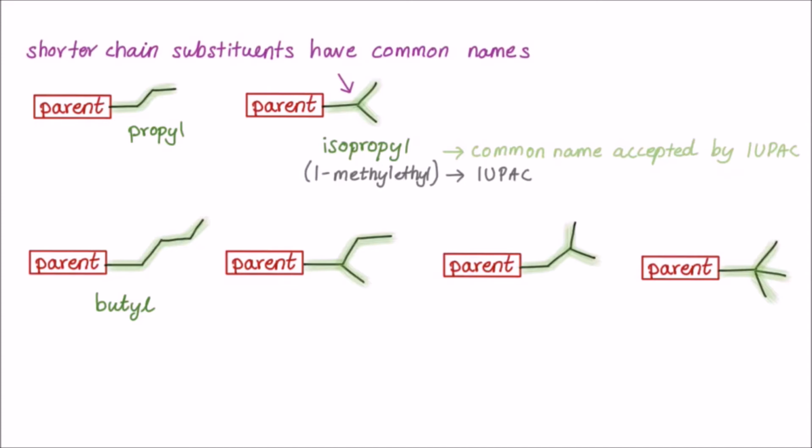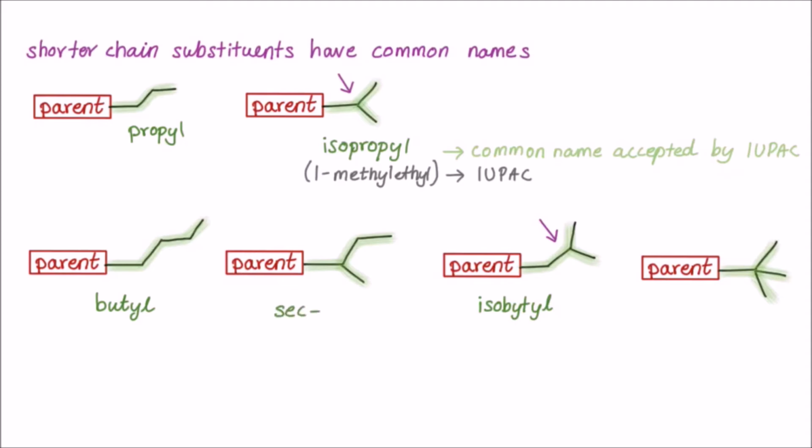The 2 methyl groups attached to a carbon that has a hydrogen atom. Okay, so if you look at this carbon atom, it has 2 methyl groups and a hydrogen atom. So we call that iso. And since the total number of carbon atoms is 4, we call that isobutyl.